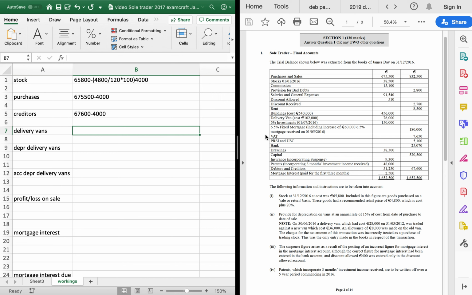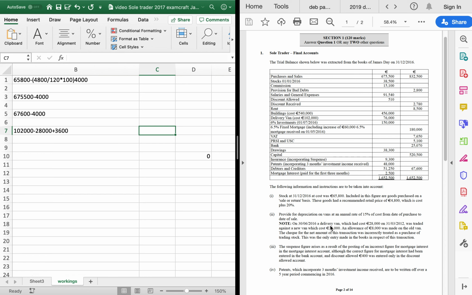They start off as 102,000. You don't have the van anymore that you traded in, so you take that away, and you do have the new van that you traded it in against, 36,000, so you add it on. So our delivery vans at the end are 110,000.